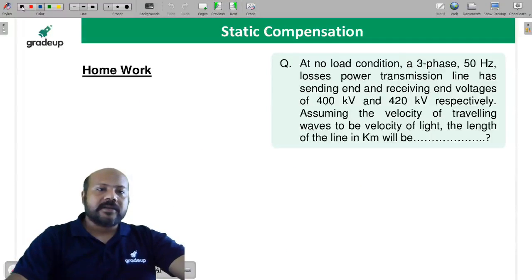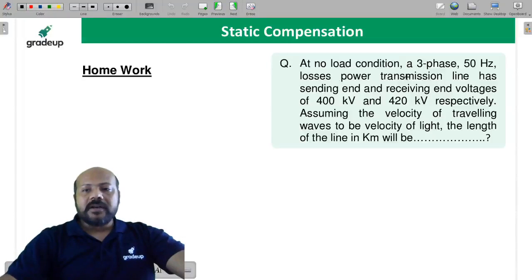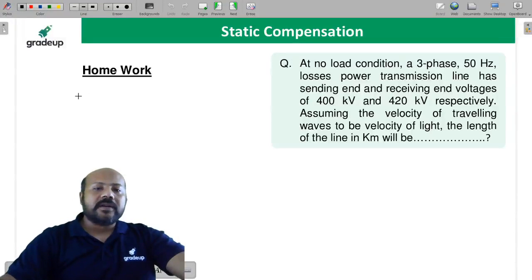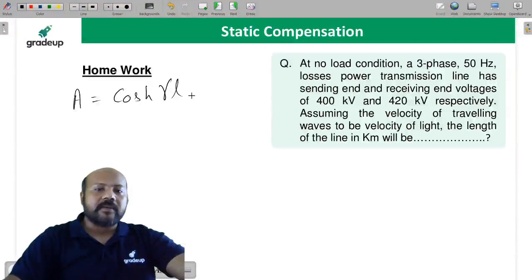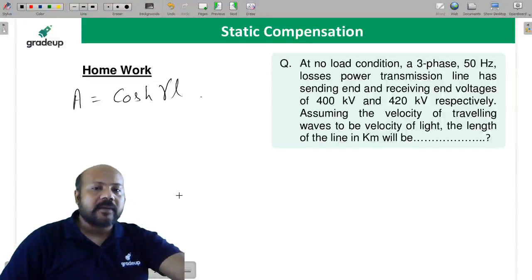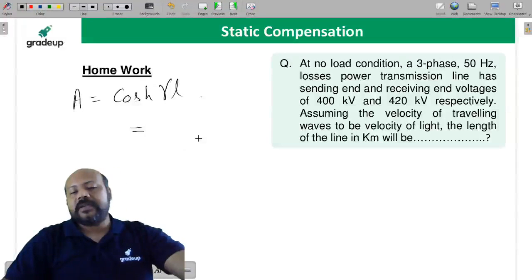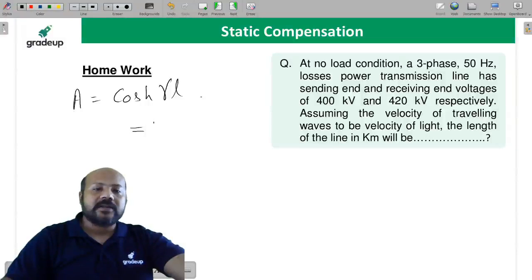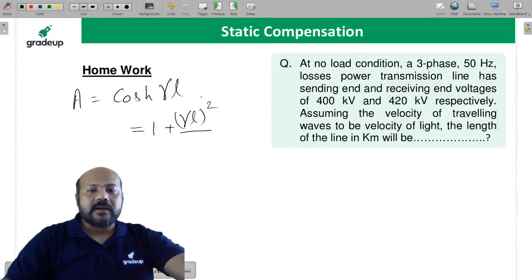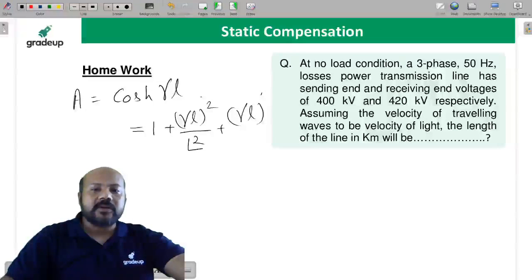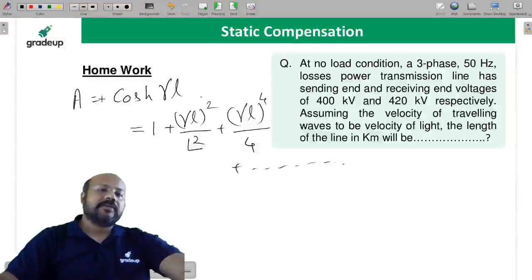Everybody listen. Now for a long transmission line, you know that A is equal to cos hyperbolic gamma L. And if you know the series expansion of cos hyperbolic gamma L, you will understand it is 1 plus gamma L square upon factorial 2 plus gamma L raised to the power 4 upon factorial 4 plus higher orders.